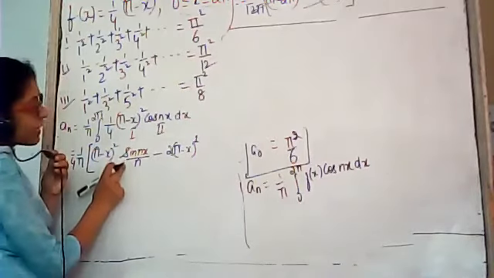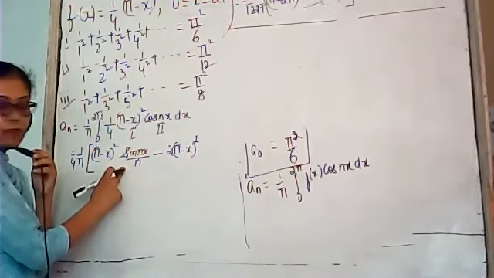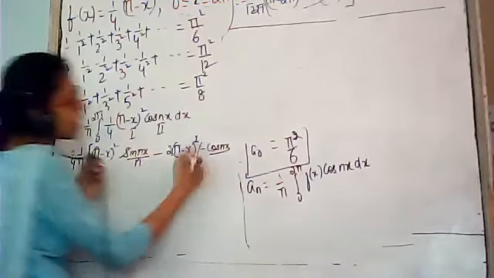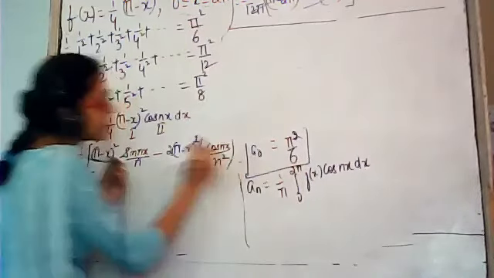And integrate the second function, the integration of sine: minus cos nx divided by n. One n is already there, again one n, it will become n square.